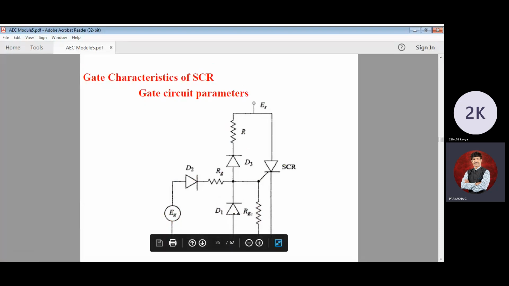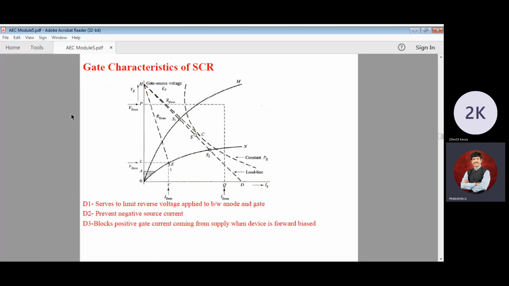D1 is used at the bottom. Whatever the reverse voltage is there, that's going to get blocked. Second, D2 prevents the negative source current. Any negative source current that comes into the picture, it's going to prevent that.